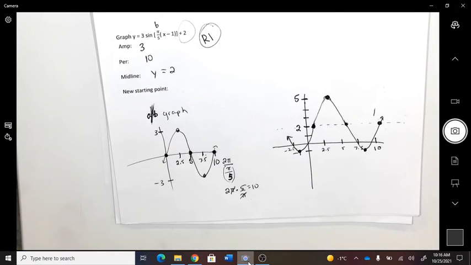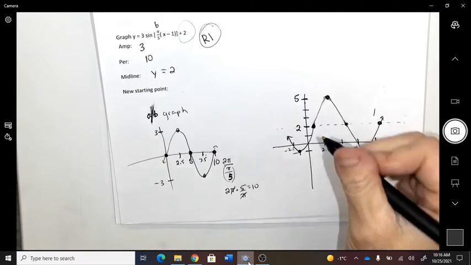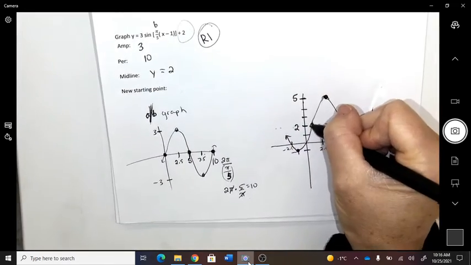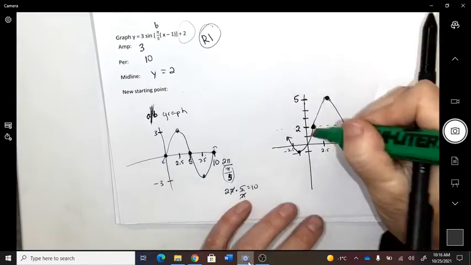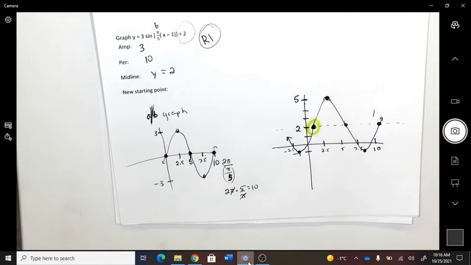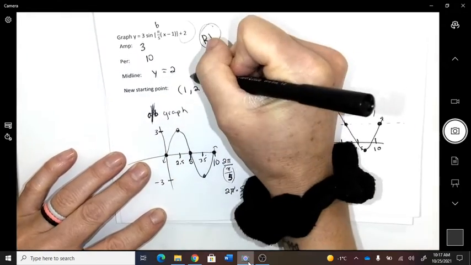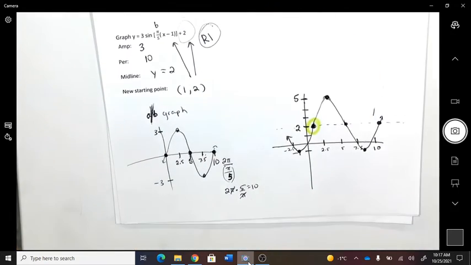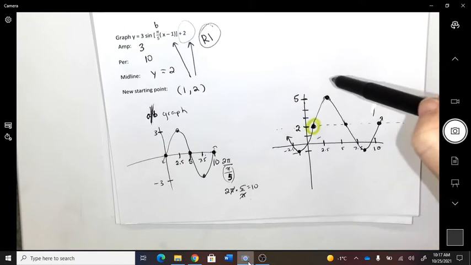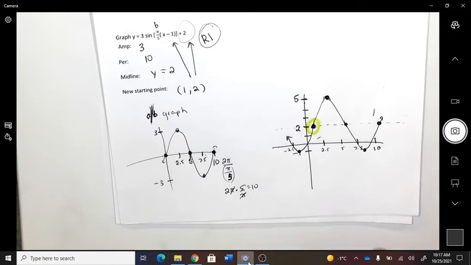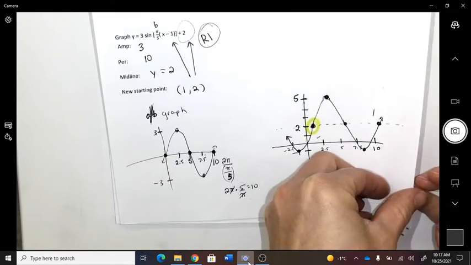Because it's always the y height of 2. And where's the new starting point? So what is the coordinate? So this is the shift. What is the coordinate there? 1, 2. Right? I moved right 1 up 2, and that's where I was starting from. And really, I'm not memorizing point by point. I'm just thinking from middle, top, middle, bottom, middle. Okay.